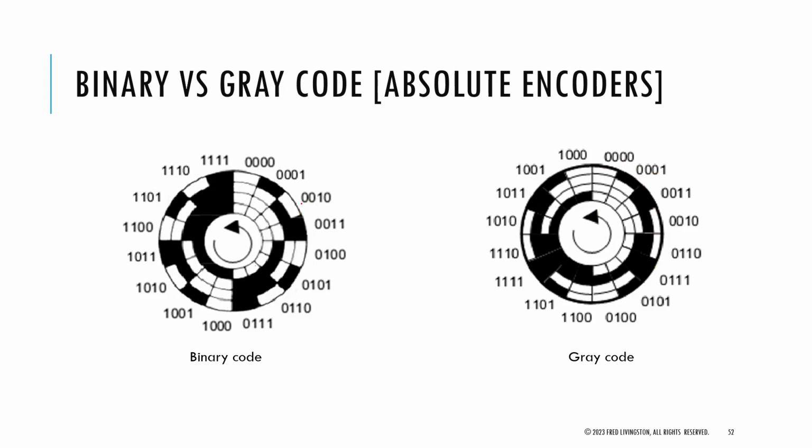Here it went from 0010, and there can be multiple bit changes in the system, and you could have a race condition and be able to detect that change in the encoder. So gray code guarantees only 1 bit change when the disk changes.